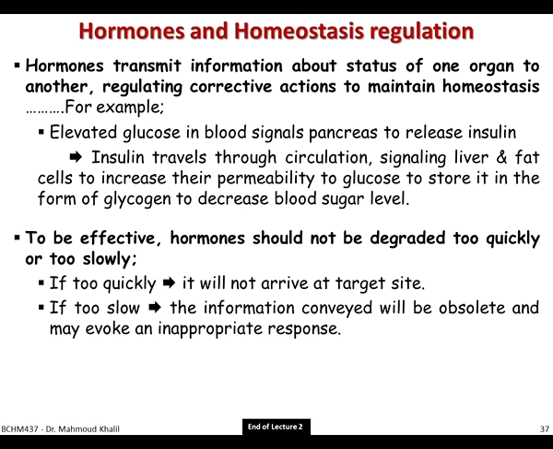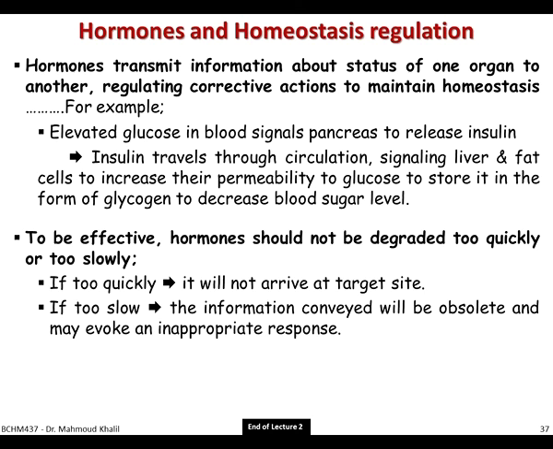So if the insulin is degraded too slowly, that means there will be a lot of insulin in our blood. This will lead to a lot of storage of glucose inside our tissues. This will lead to a high decrease in glucose in our blood, which may lead to a coma.